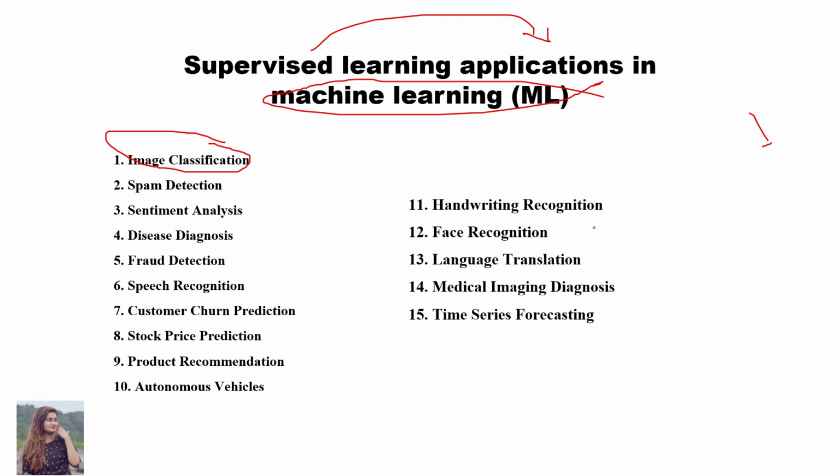The next is spam detection. Now again I will describe spam detection. It classifies email as spam or not spam based on their content and metadata. It works on content or metadata.